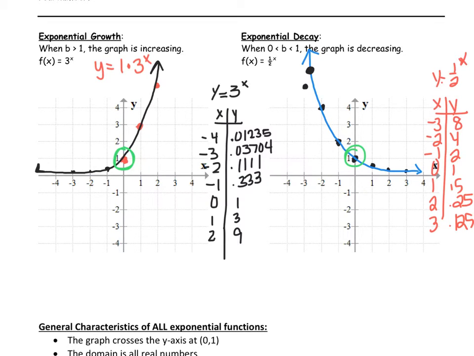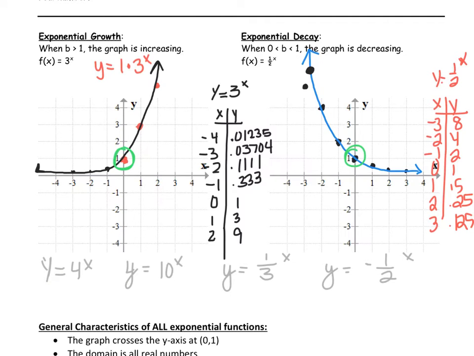And here's the reason why. Because no matter what, if we have an equation, say we have y equals 4 to the x, or y equals 10 to the x, or y equals 1/3 to the x, or 1/2 to the x.